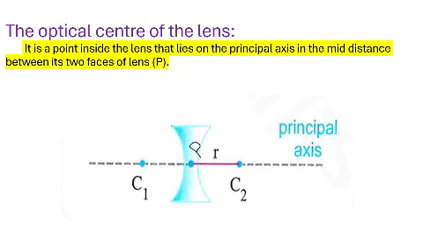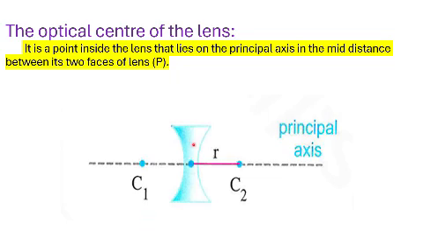So, the optical center of the lens is a point inside the lens. I mean this point inside the lens, and this point lies on the principal axis. We can find it on the principal axis, my dear students, where the optical center of a lens is a point at the middle. As you see, it's a point at the middle here.